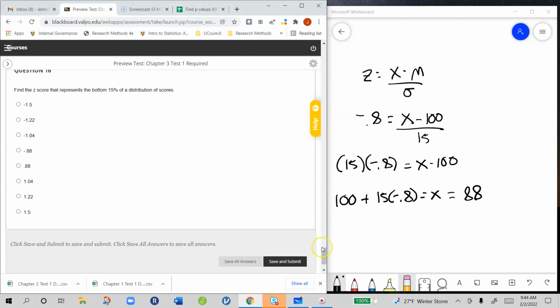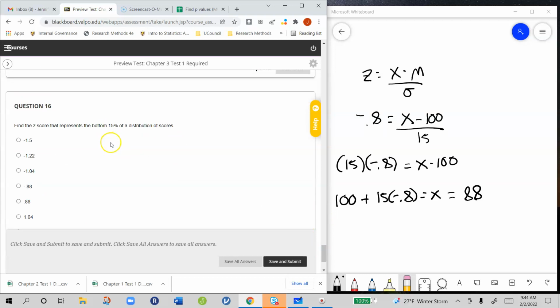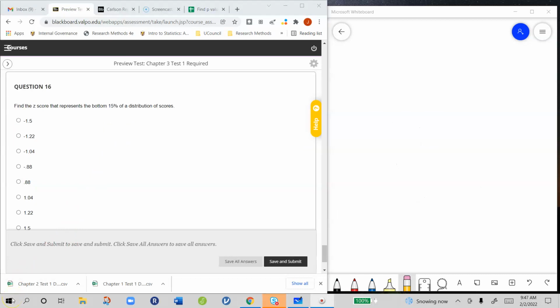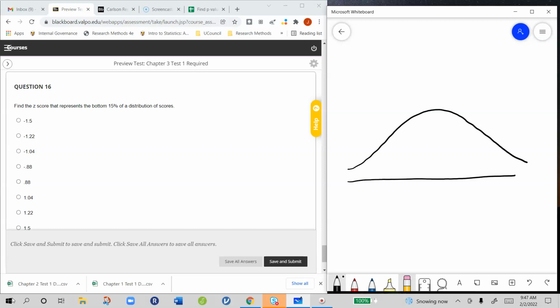All right, next, question 16 is finding a z-score that represents the bottom 15% of a distribution of scores. This one's a little bit tricky in that you're going to be using the z-table backwards. So what we have is a distribution of z-scores. It's a normal distribution. I want to find the bottom 15% and separate it out from the top 85%.